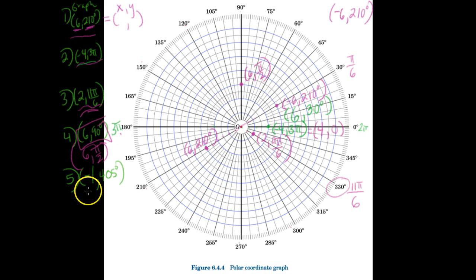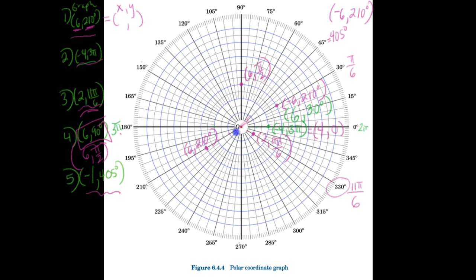And then the last one, negative 1 and 405 degrees. Well, 405 is all the way around at 360, plus you're going 45 more degrees. So this is 405 degrees as well. Okay, that's after one extra rotation. But since it's negative 1, if you follow this line down to the origin, it's negative 1, so you have to go through the origin and back out this way.